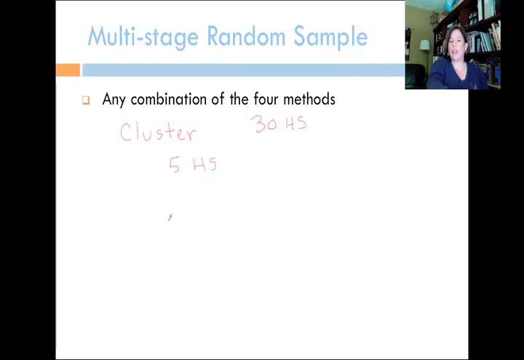And I know I'm only looking at graduating seniors, so I can go into those 5 high schools and then randomly select, let's say those graduating seniors, let's say there's 100 or so per high school. I'm just trying to make this easy with these round numbers. So I have 100 seniors in each of the 5 high schools. So I have a potential then of 500 people.